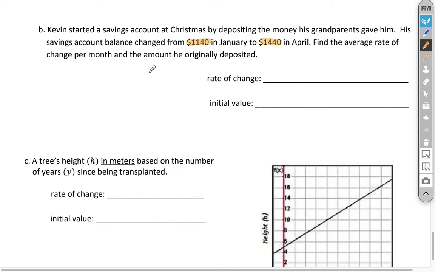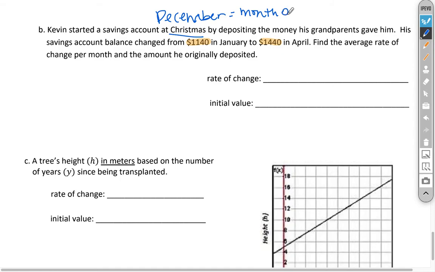All right, so we need to break down a few things in this problem. He started a savings account at Christmas. This is going to be the month of December. Just like we did in the very first problem, this is month 0.